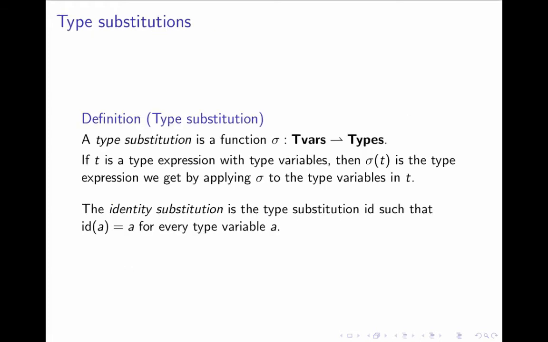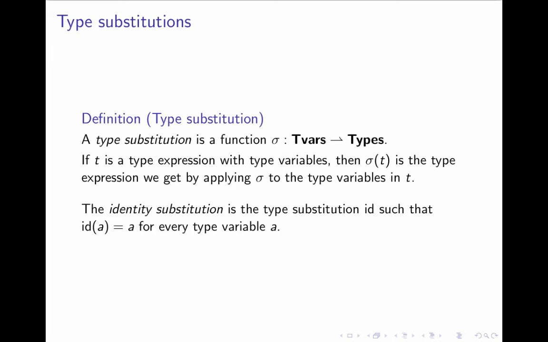So more precisely, a type substitution is a function sigma from type variables to types, and it's a partial function because it only gives us the types for the type variables that we actually mention in our expression, not every type variable under the sun, only the ones that are relevant. And if we have a type expression t with type variables in it, then sigma of t is the type expression we get by applying sigma to the type variables in t.